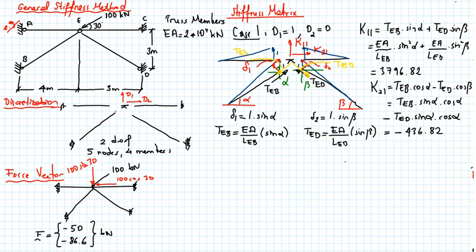Now we will repeat the same procedure for the second case. So case 2, this one, D1 is equal to 0, D2 is equal to 1. Let's draw the free body diagram now.